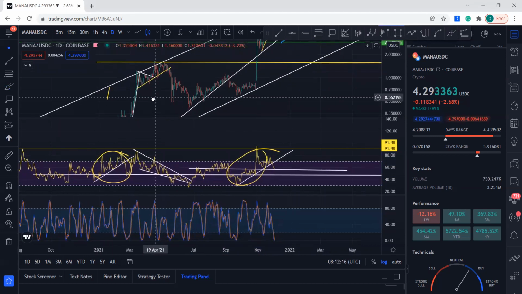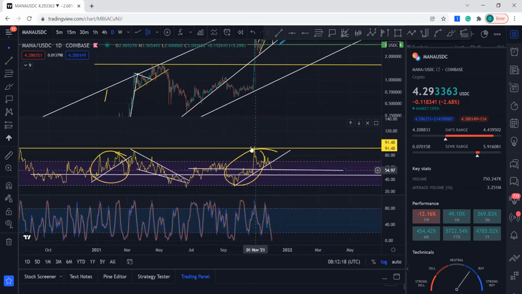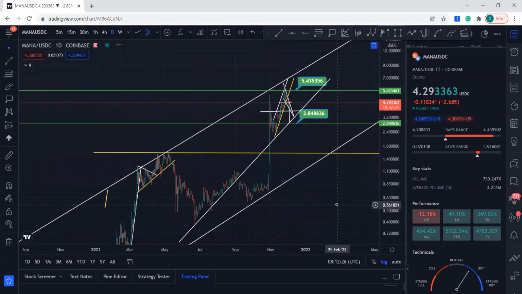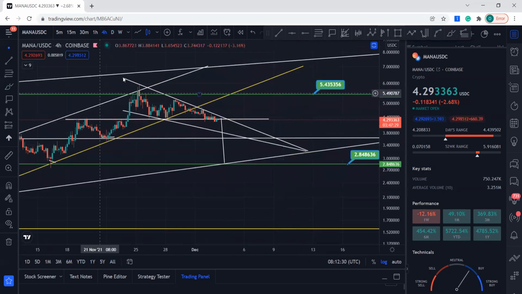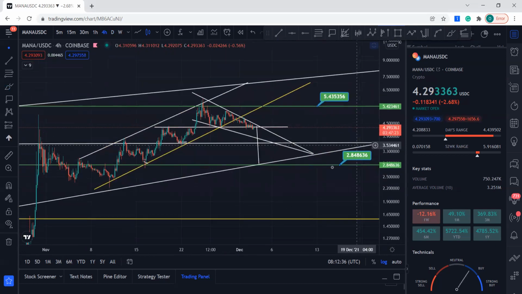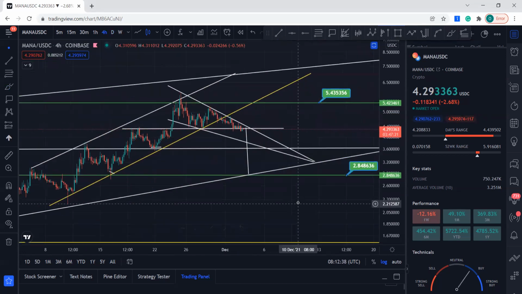So the RSI is telling me there is still more upside to come. How that comes can take various forms. It can create this falling wedge, then break to the upside and create something here, because the bull market isn't over yet, and metaverse projects are still picking up momentum. They're just in this correction phase at the moment.